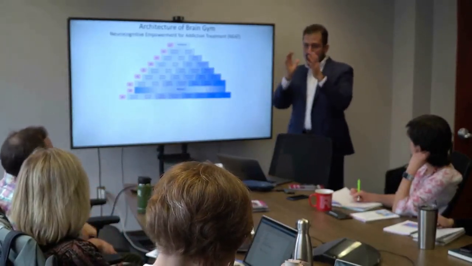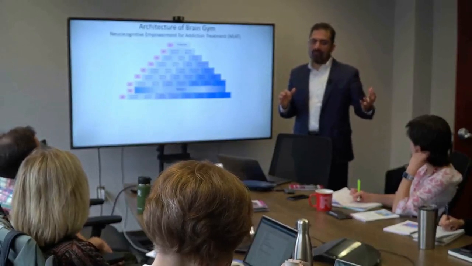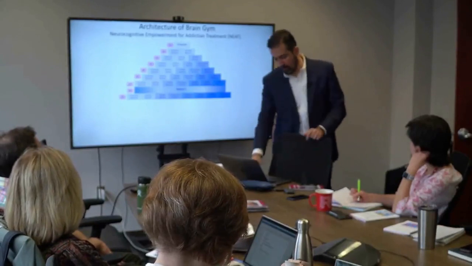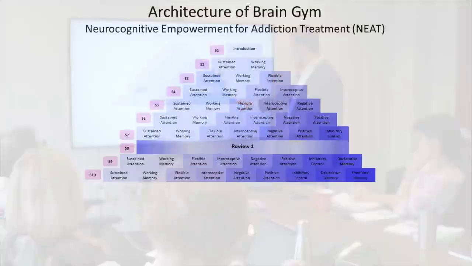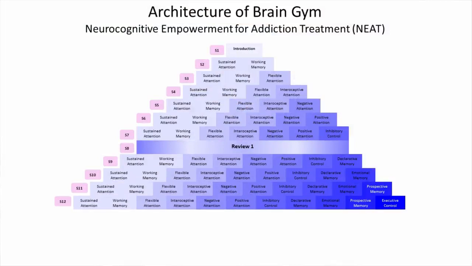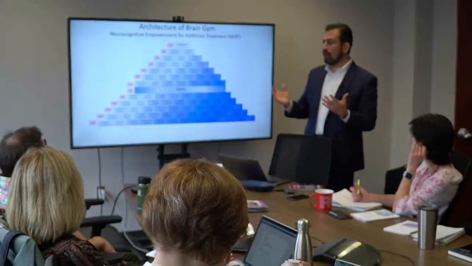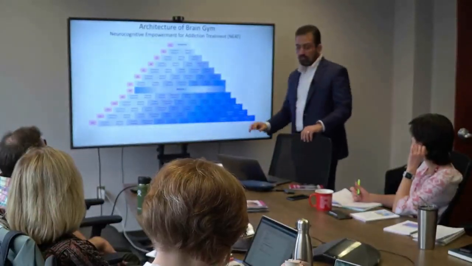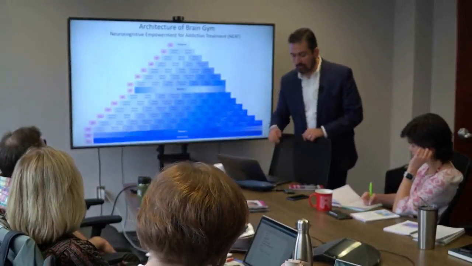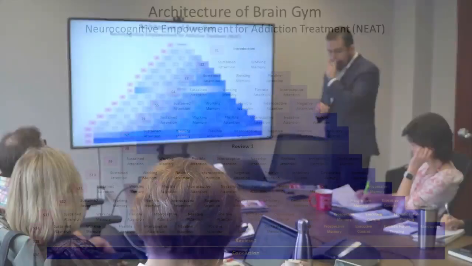We talk about declarative memory, memories related to negative events and drugs, and then prospective memory. We add emotional memory, prospective memory, executive control. Then we start to discuss how to do problem solving with episodic future thinking and self-monitoring, and review 2 and conclusion. That is the design that we have.